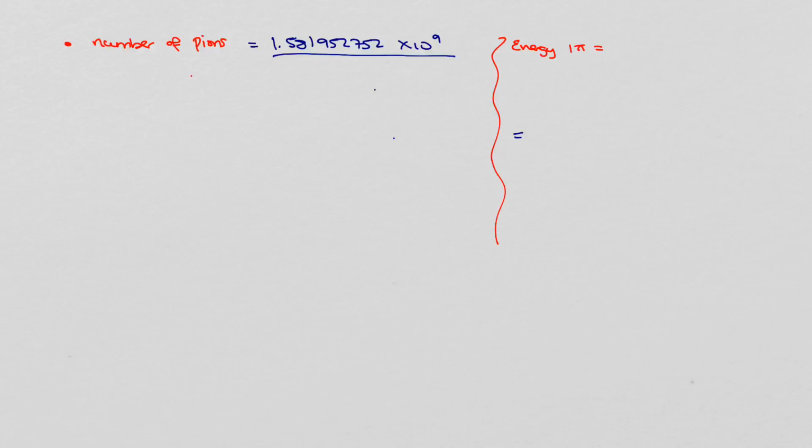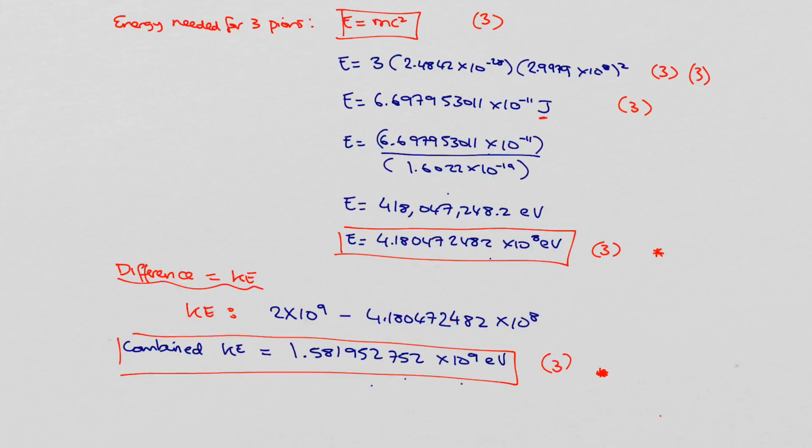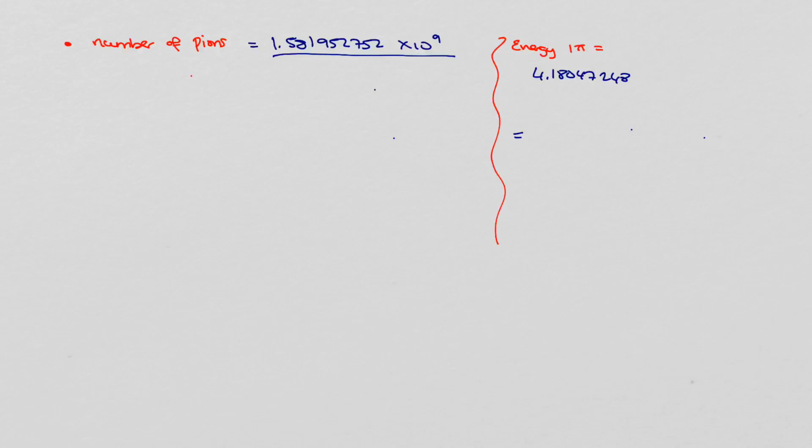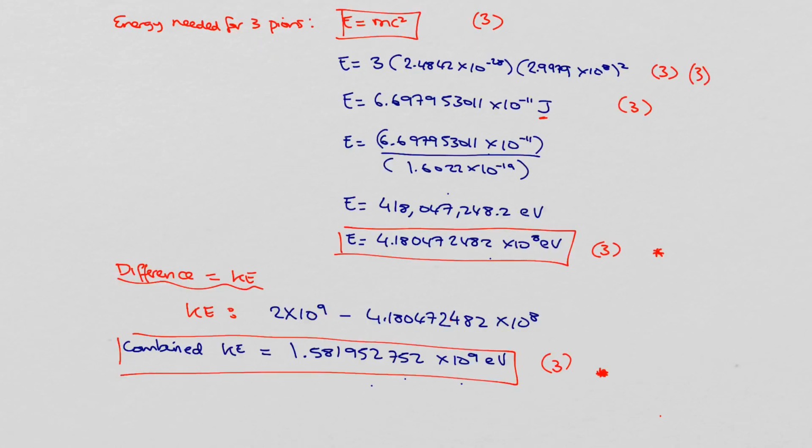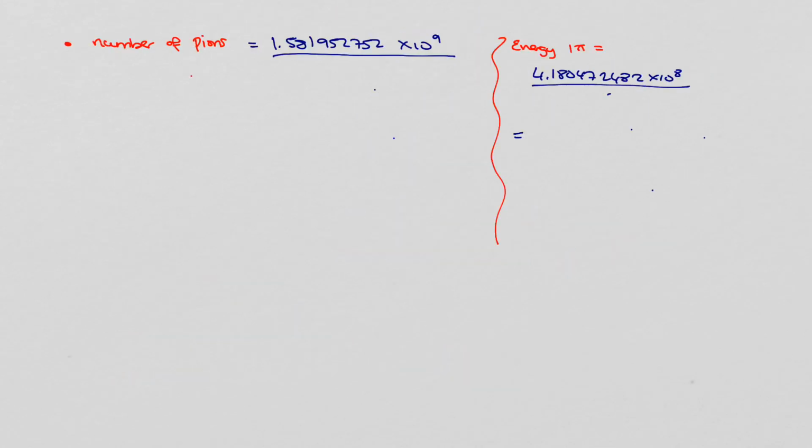It's 4.180472482 by 10 to the power of 8, and that's the energy in electron volts to make 3. So if I divide that by 3, that gives me 1.393490827 by 10 to the power of 8 electron volts. Okay, so that's the energy needed to make 1 pion.